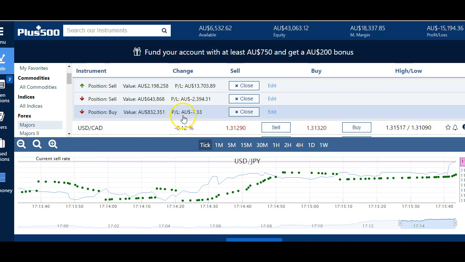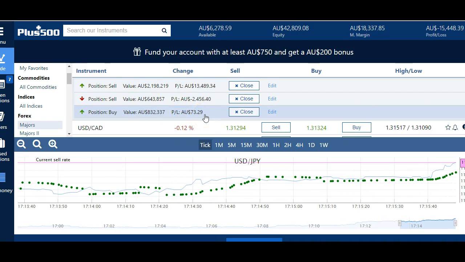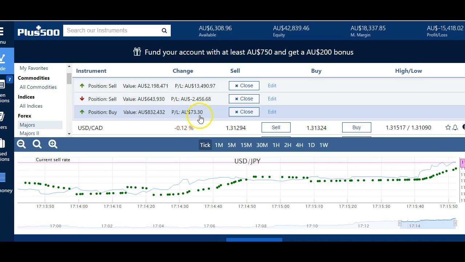You notice the change of profit from the spread we have purchased, and straight away into the money, 80 bucks already.